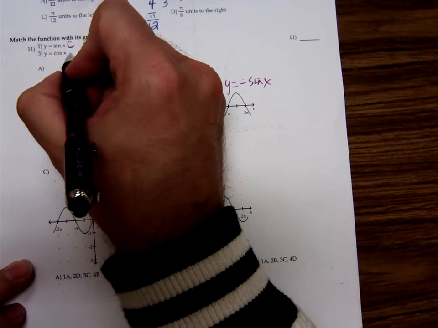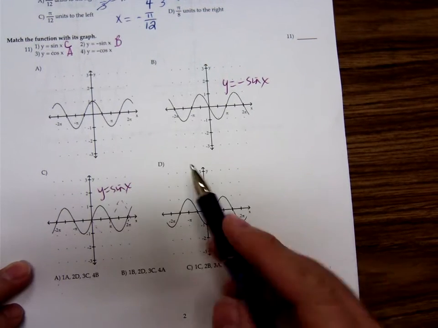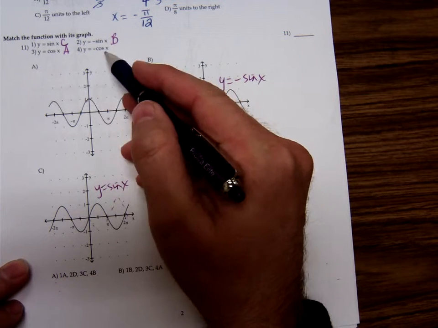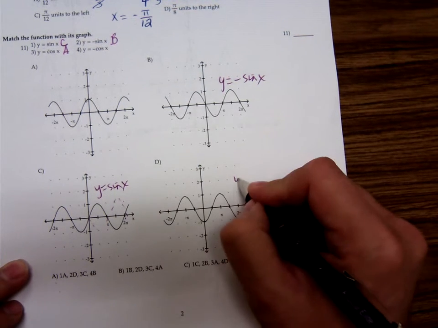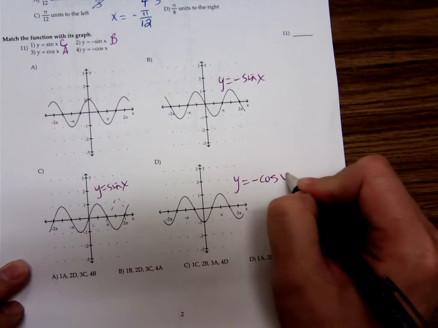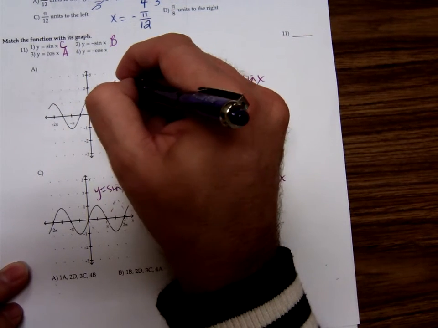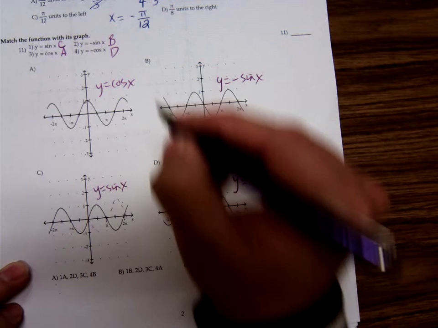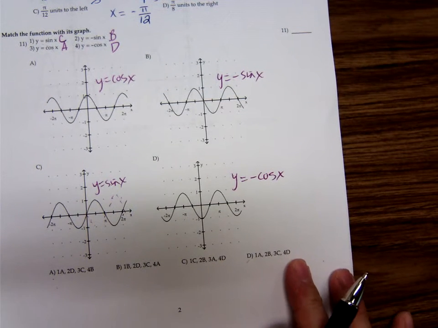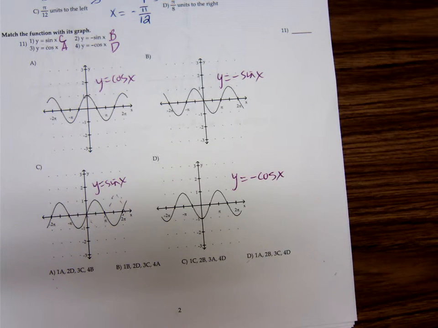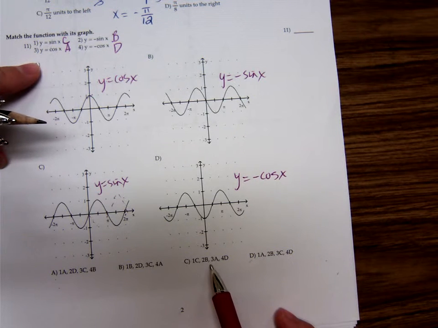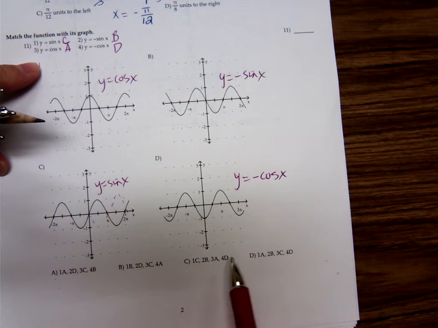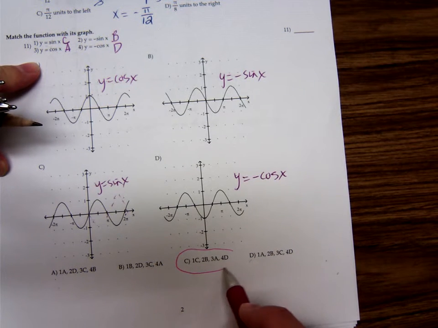So A is cosine x, which by default, for negative cosine x, if you flip this thing across the x-axis, there's negative cosine x, there's cosine x. So down here, when you look at the answers, we're looking for 1c, 2b, 3a, 4d. This is the answer.